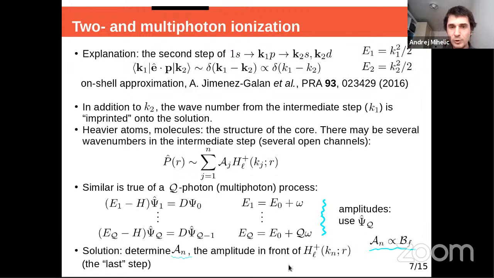And now all we need to do to calculate the photoionization amplitude in the case of two- or multiphoton ionization is to calculate the amplitude which corresponds to the final step, to the wave number, let's say Kn, if there are n of them.